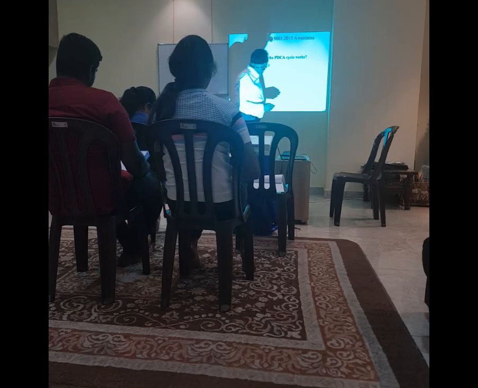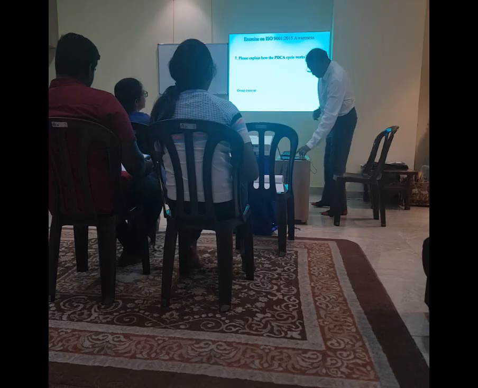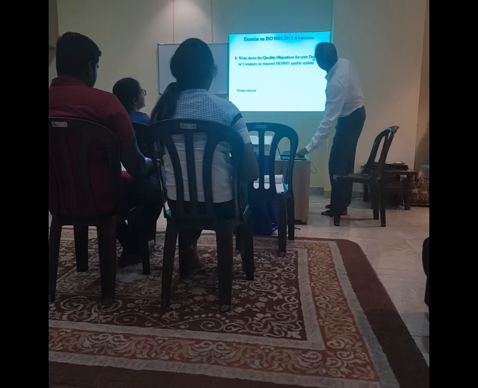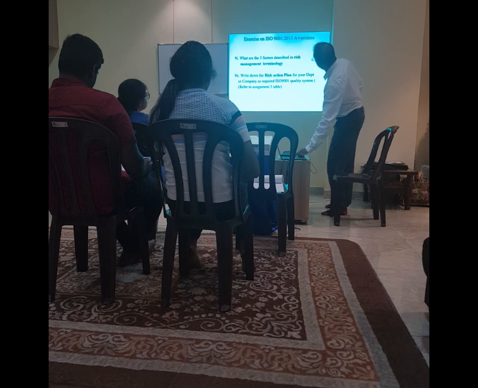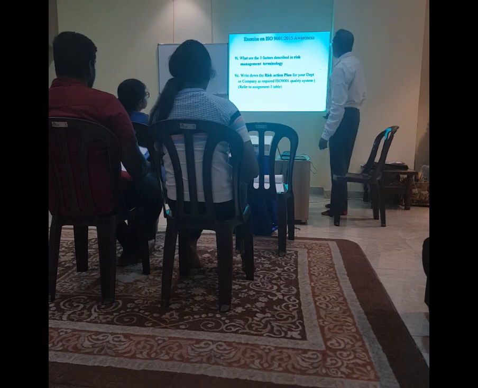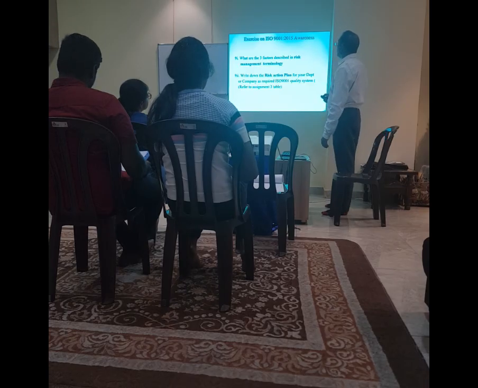So now we are going to summarize the things. Quality objectives you can set, and then management level risk and plans. Okay, recap. I think you can answer this one: these three factors describe the risk management terminology.